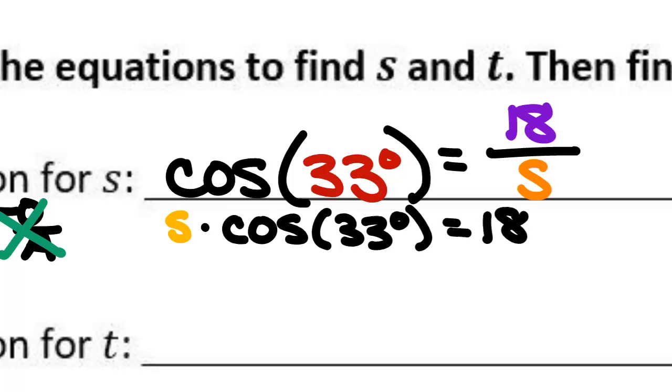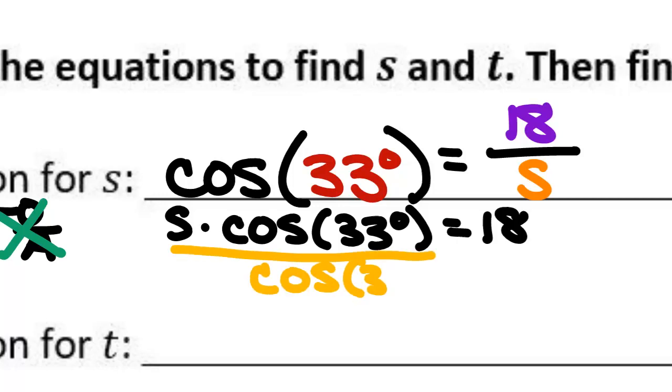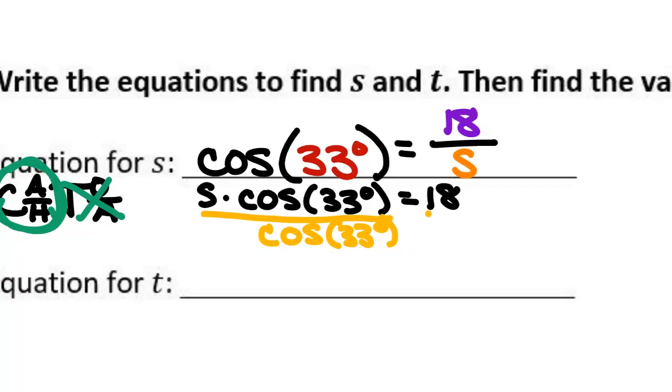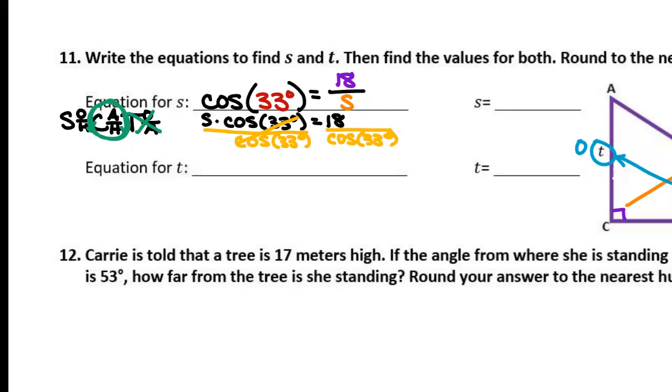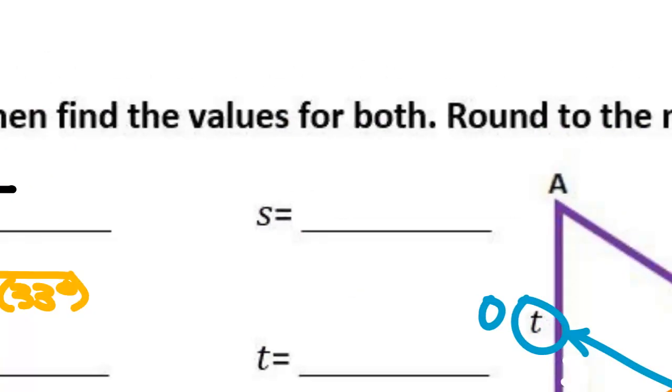And then I would divide both sides by the cosine of 33 degrees. 18 divided by the cosine of 33 gives me 21.463. So that's how I would find S.